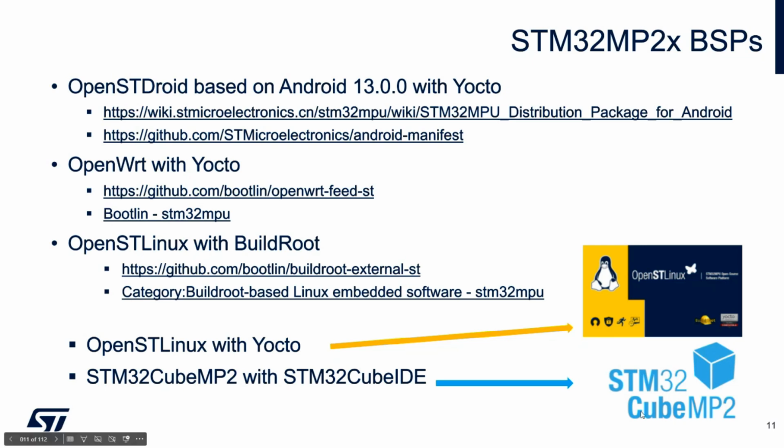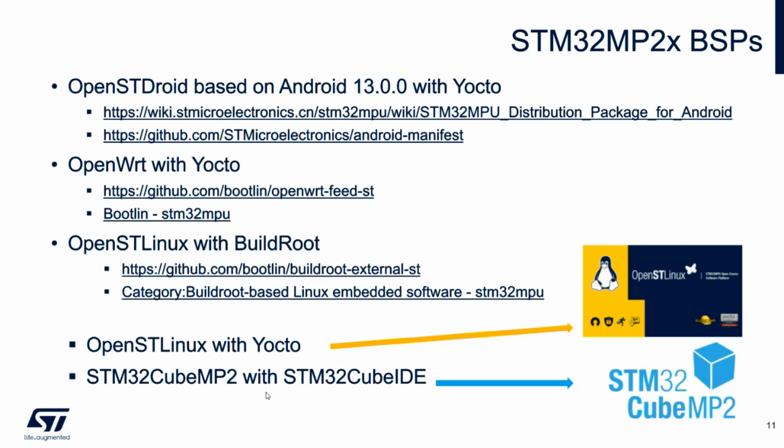And we have now the OpenST Linux with Yocto. So this is what we are going to present today. This is the main line delivery of the OpenST Linux. And we have also what we call the STM32 Cube, which goes with Cube IDE.